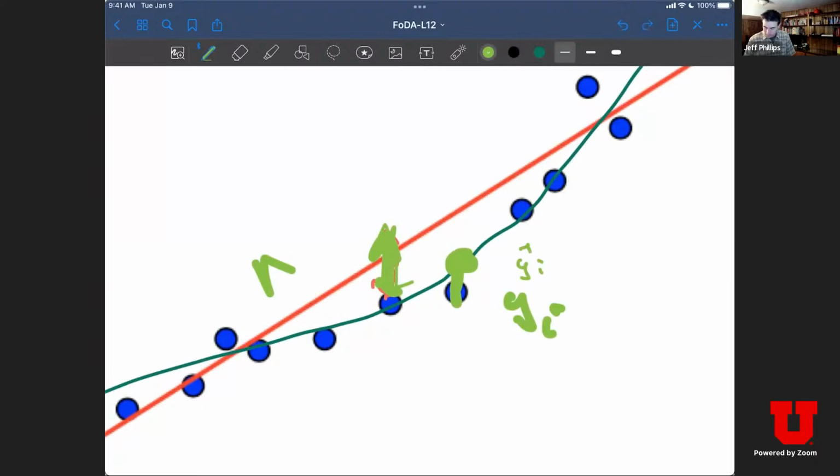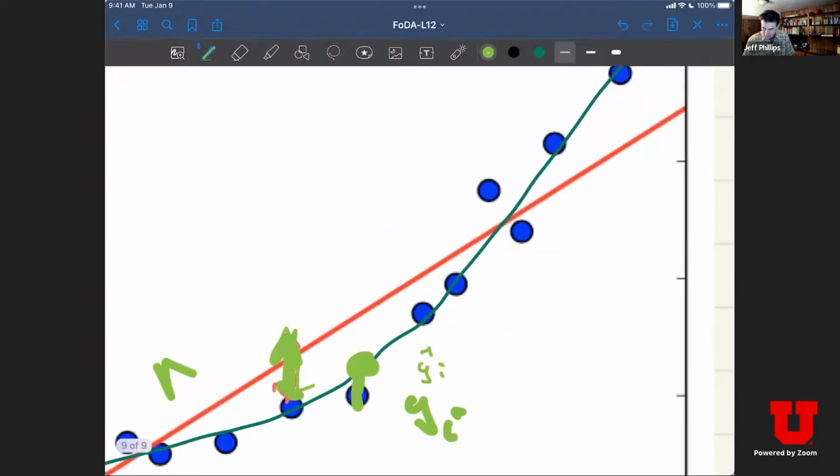Let me draw this example here. This height would be y_i, and the height on the model, if I look at the x value and see what it predicted on the model, is y_i hat, and the residual is still measured exactly the same way as before.